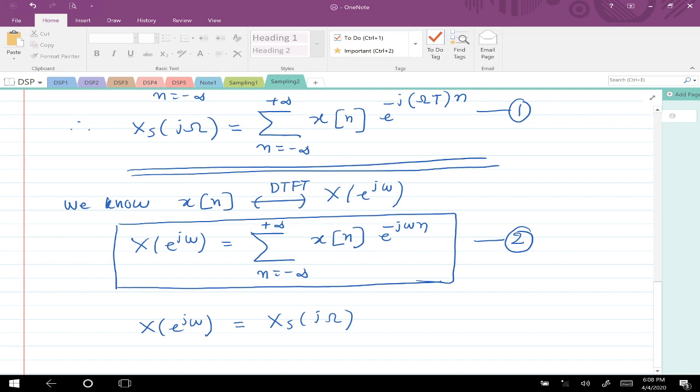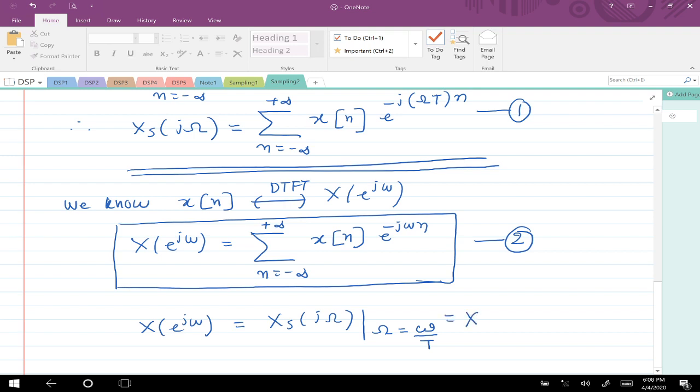In place of small omega, you have capital omega into T. So suppose you compute its value at capital omega equal to omega by T, then X of e power j omega is nothing but Xs of j omega.